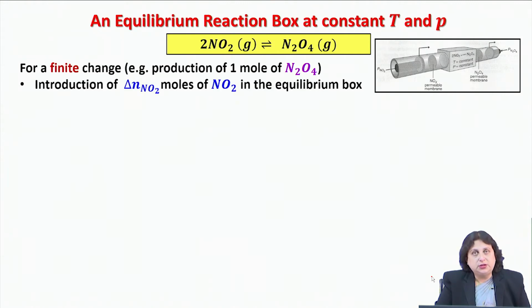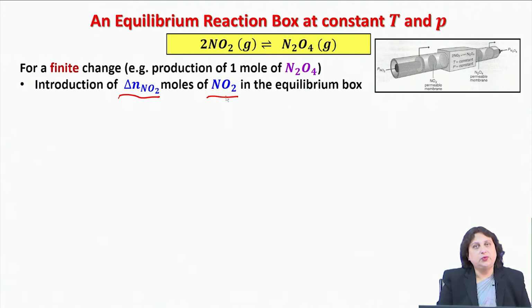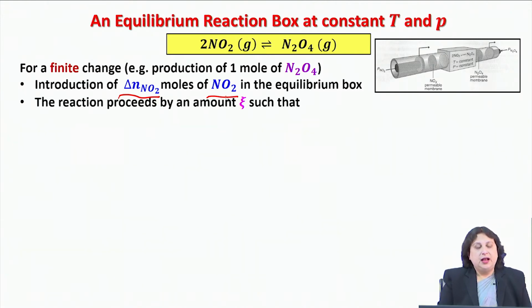It is possible, once again, to say that I am going to disturb the system by introducing delta N NO2 moles of nitrogen dioxide in the equilibrium box at a given temperature and pressure. And then I would expect that the reaction will proceed in the forward direction by a finite amount xi.